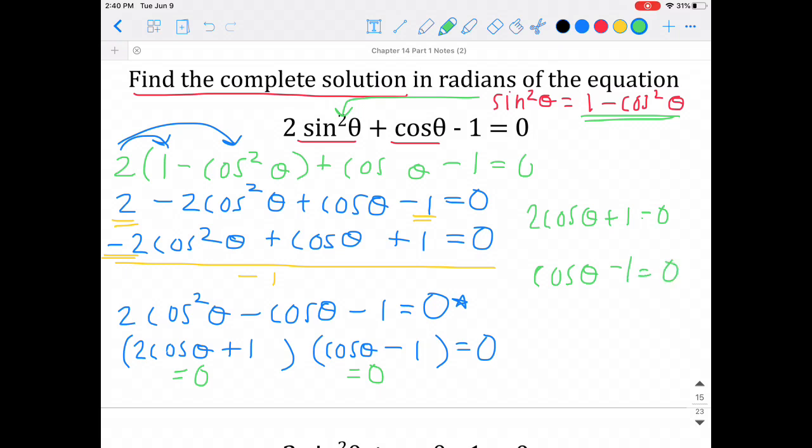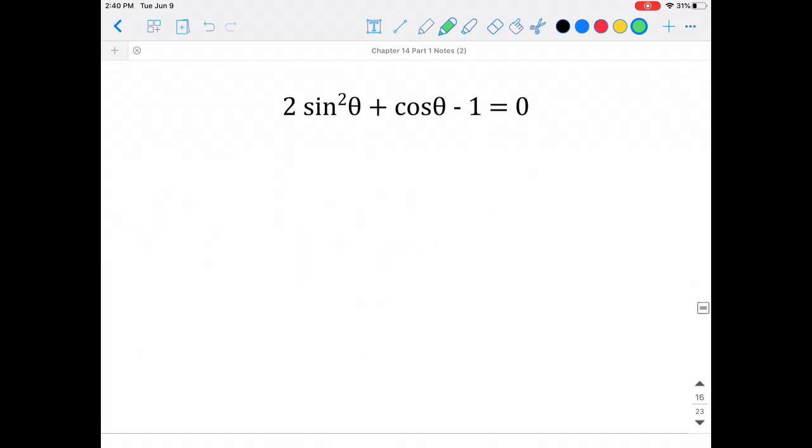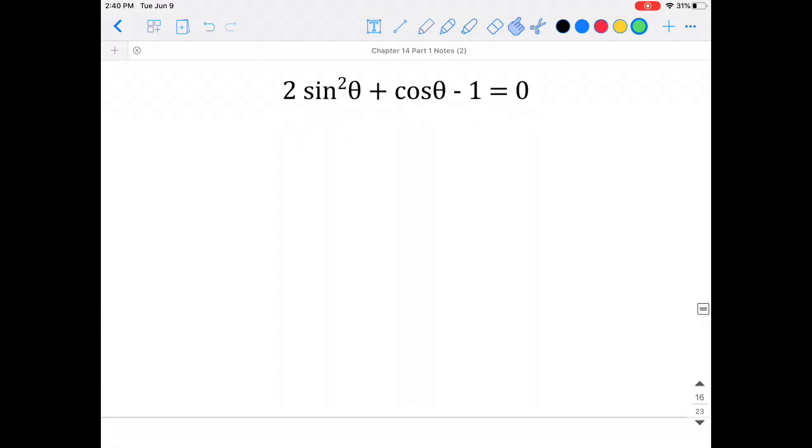I'm just going to move this on to the next page so that we have a little bit more space to work. So after we factor and set both sides equal to 0, we are left with 2 cosine theta plus 1 equals 0, and cosine theta minus 1 equals 0. Now we still have to solve, so we're solving each side for theta.